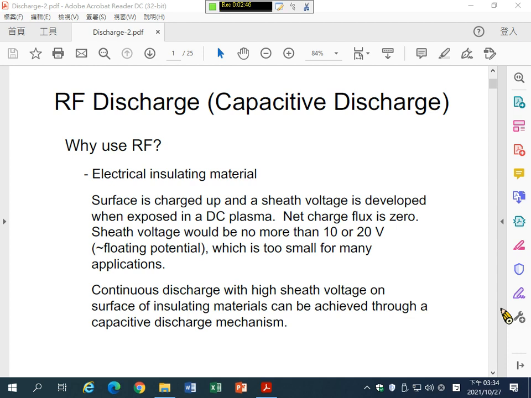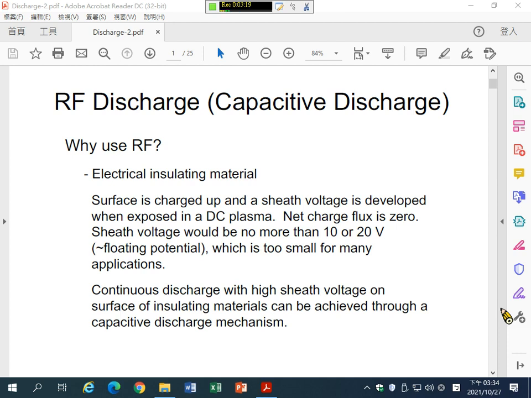Okay. So sometimes we need a substrate surface with a bias higher than 10 to 20 volts. Sometimes we might need a bias voltage of 50 or 100 volts, or negative, minus 50 or minus 100 volts, to undergo surface treatment or plasma treatment.